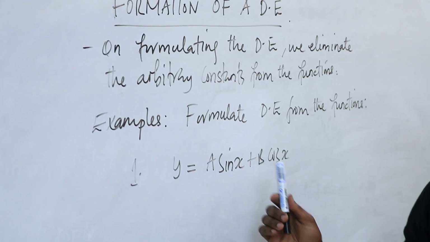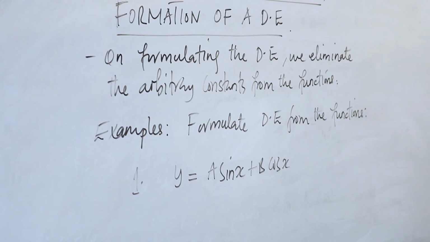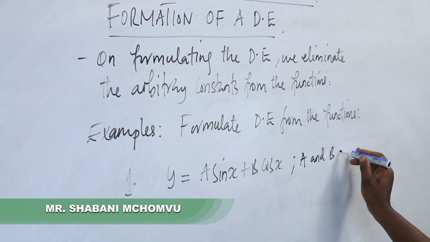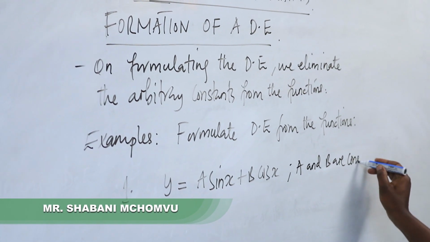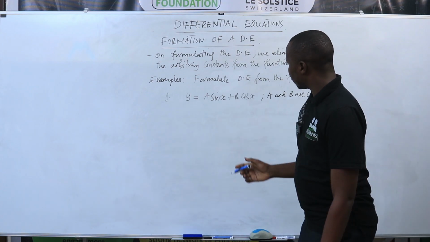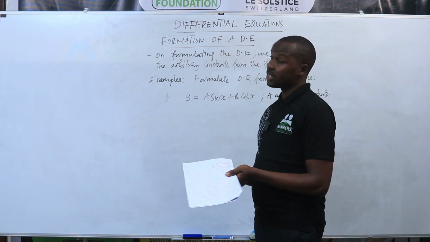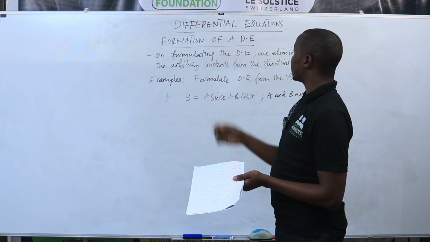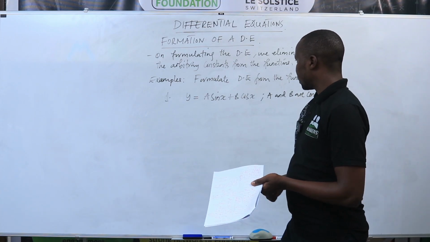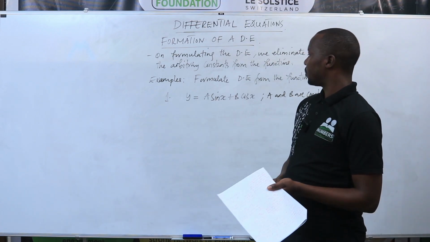So for us to formulate a differential equation here, we need to eliminate constants a and b. So we need to eliminate them. On how to eliminate them, we are relying on the concept of differentiation, because a differential equation involves differentiation and integration. But for elimination, differentiation here works the best.